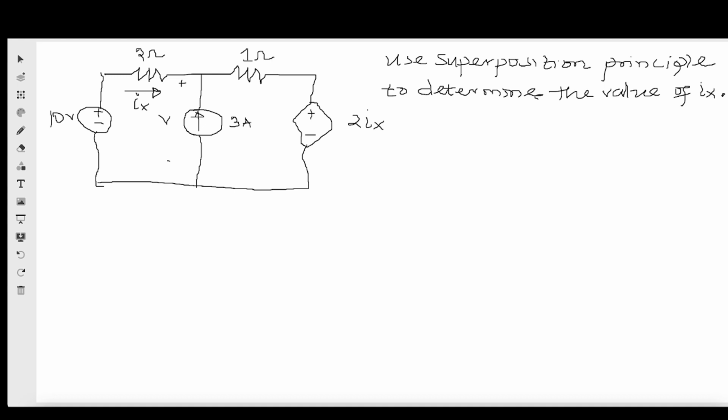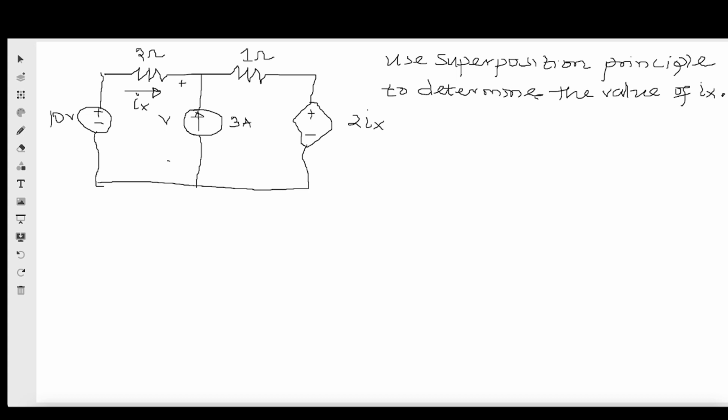That is, we only separate independent sources. So dependent sources don't concern us in a circuit that has more than 1 independent source.